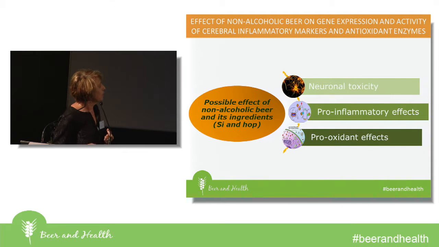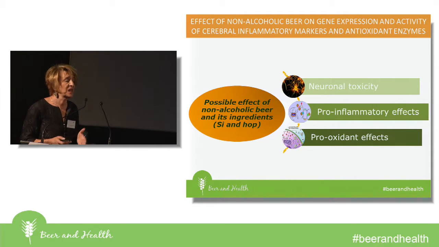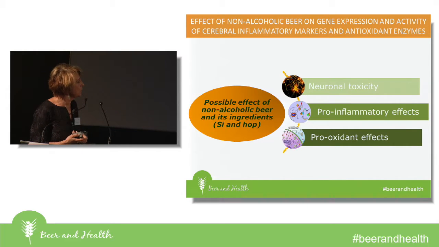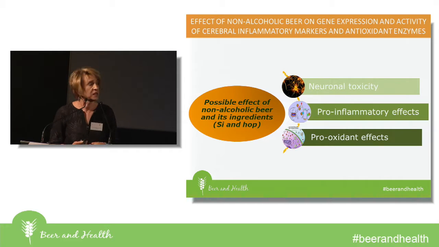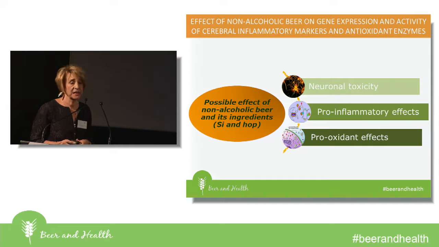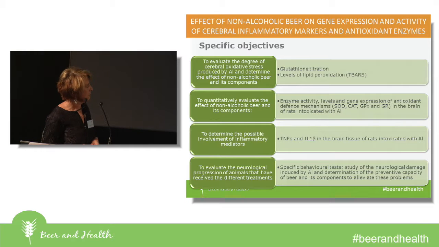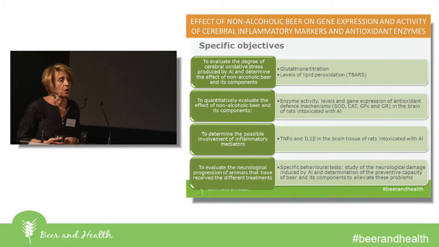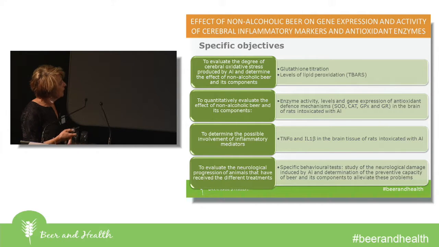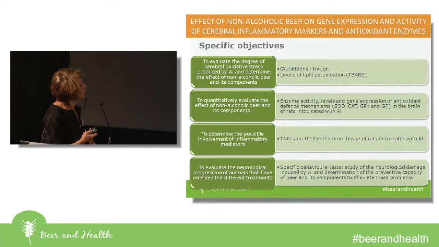We started a new trial in which the goal was to establish the effects of non-alcoholic beer and some of its ingredients regarding pro-oxidant effects, pro-inflammatory effects and neuronal toxicity. What we did was to evaluate the degree of cerebral oxidative stress.